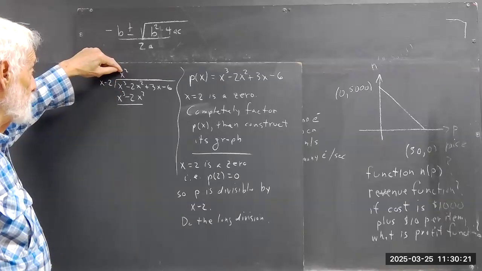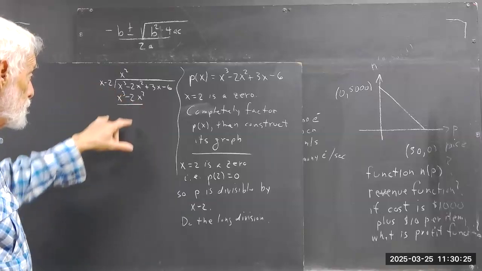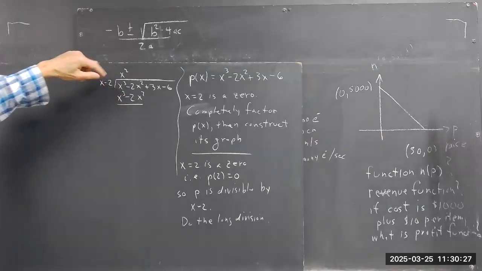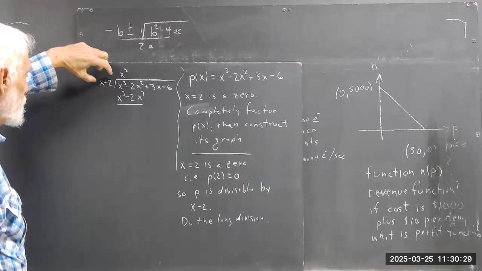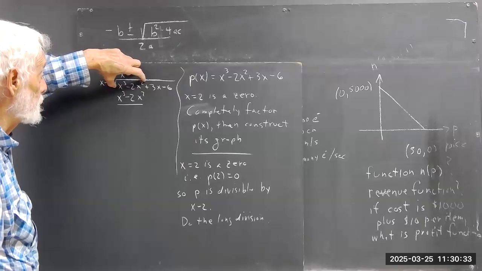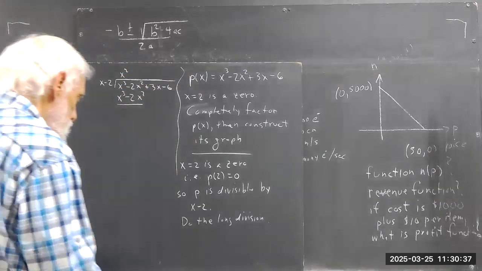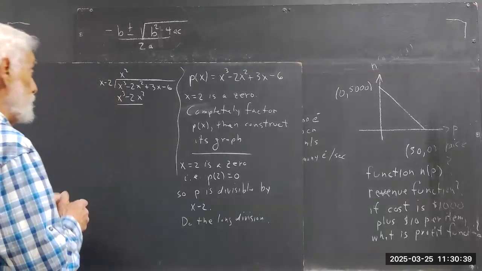Turns out that x squared multiplied by the minus 2 is going to give you your minus 2x squared. So by having x squared here, if this is a factor, this times x squared gives you this much of your polynomial.